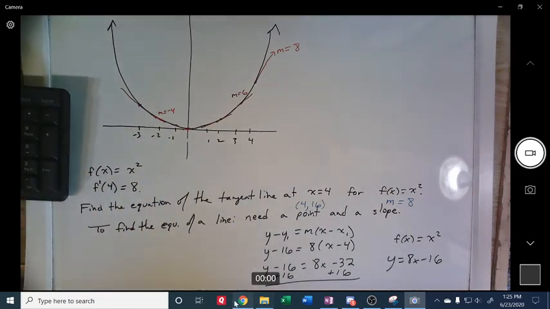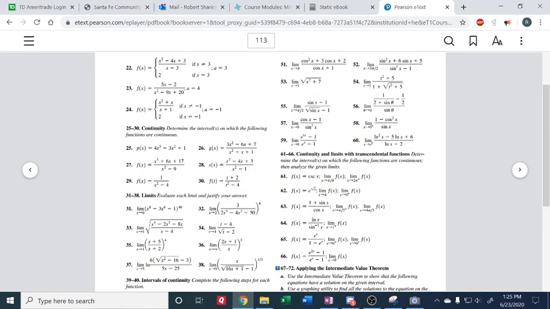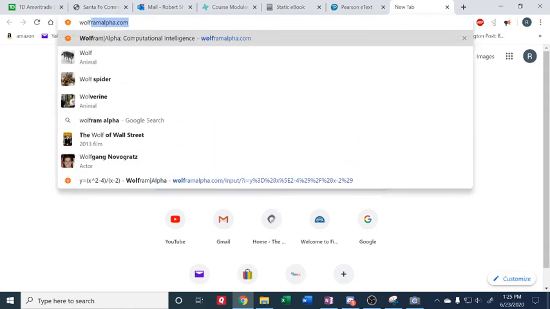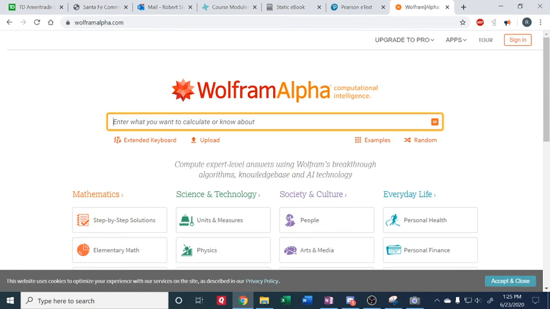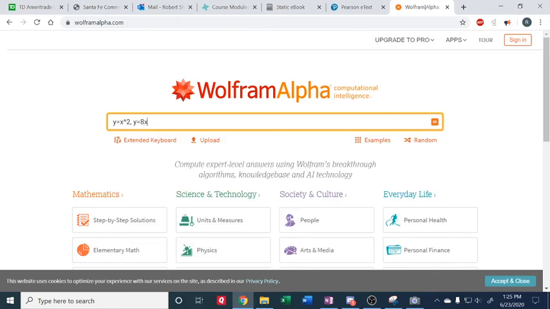I'm going to go to Wolfram Alpha. Let's graph y equals x squared and y equals 8x minus 16.